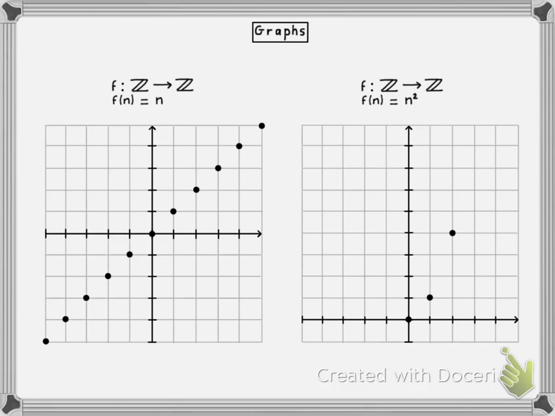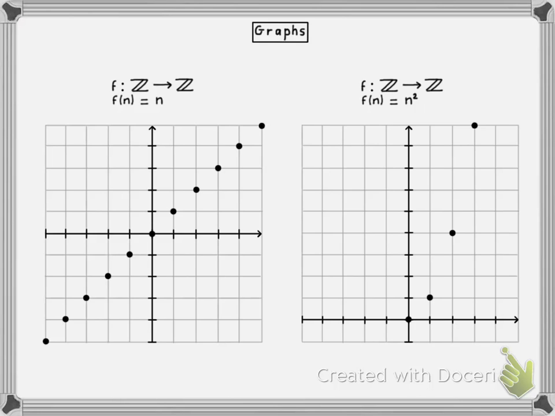And here it is. The next integer up is 3. 3 squared is 9, so we draw the pair 3, 9. And I'm going to stop here on the right, since the next point is going to be off the graph here on the top. Don't forget to draw the second half on the left of the y-axis.